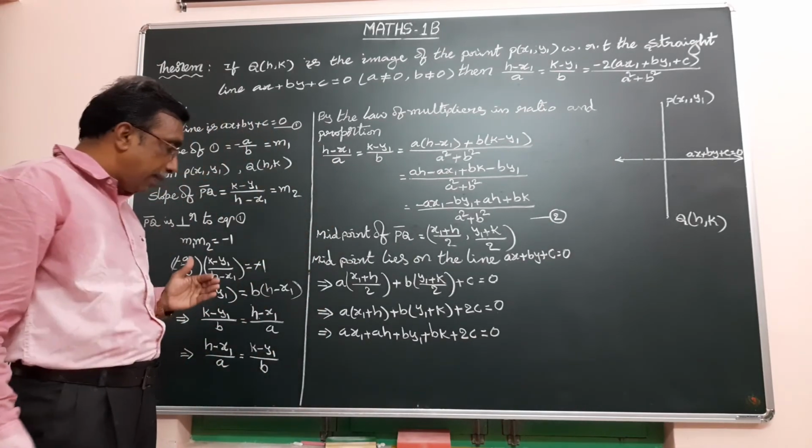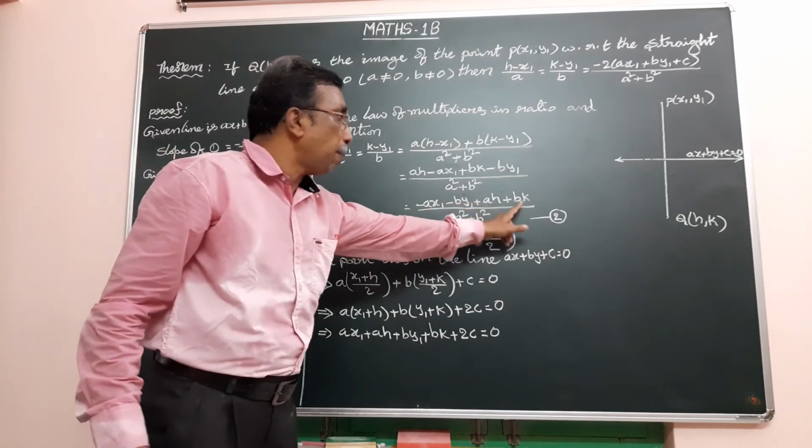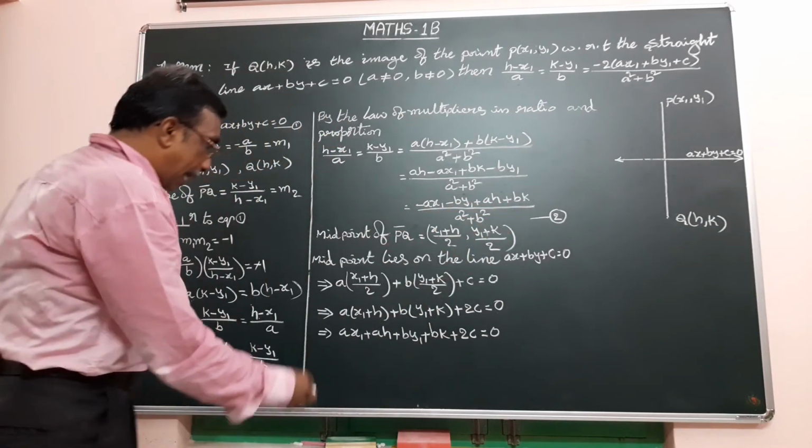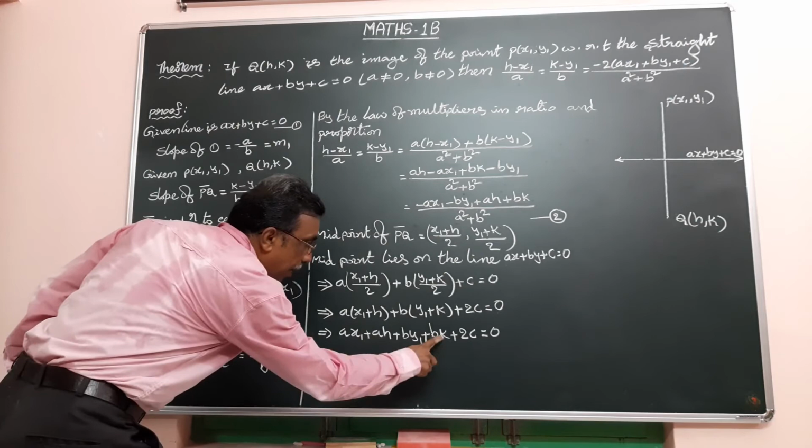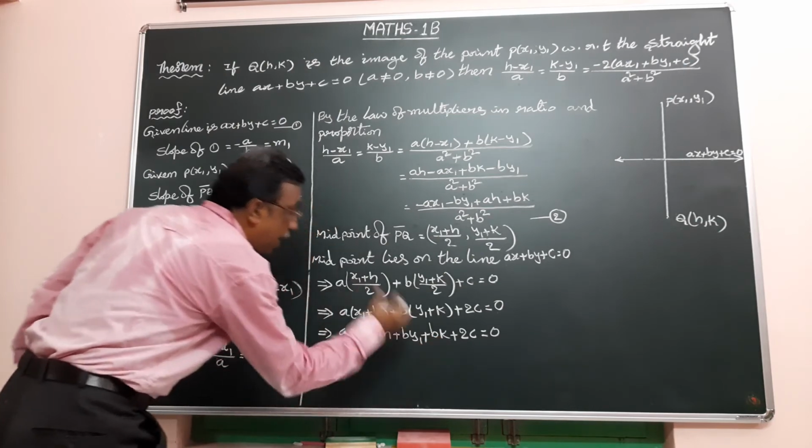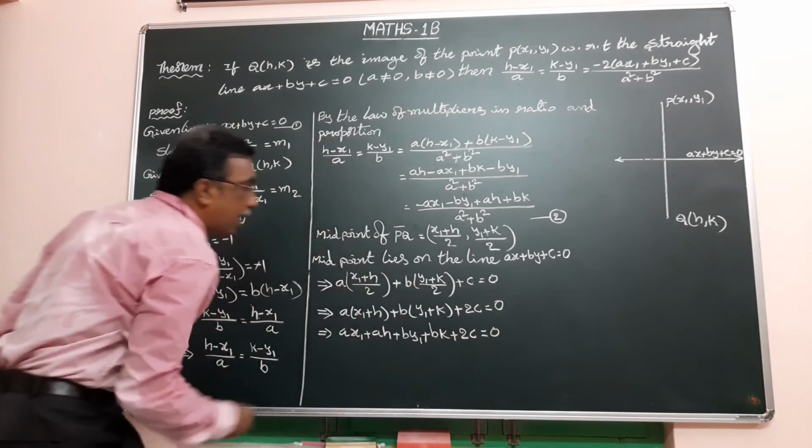Now we find the ah plus bk value. The remaining terms we take from LHS to RHS.